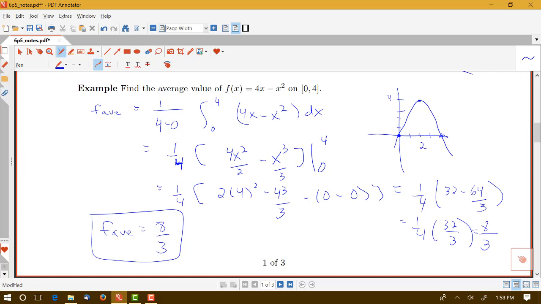Our average value at 8 thirds is about 2 and 2/3, so around here is our average. We can see that that's sort of like the average height of our function over the interval. We can also see that there's a point on our function that was actually equal to the average value. That's a theoretical fact that we're going to see explained a little bit more in one of our later videos.